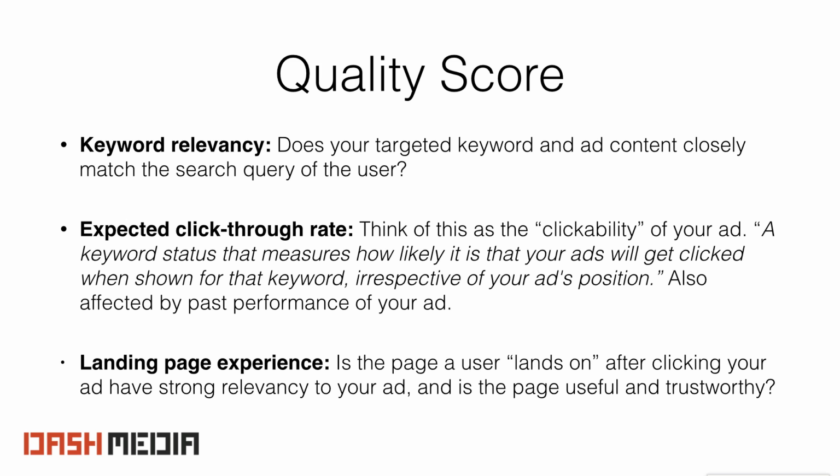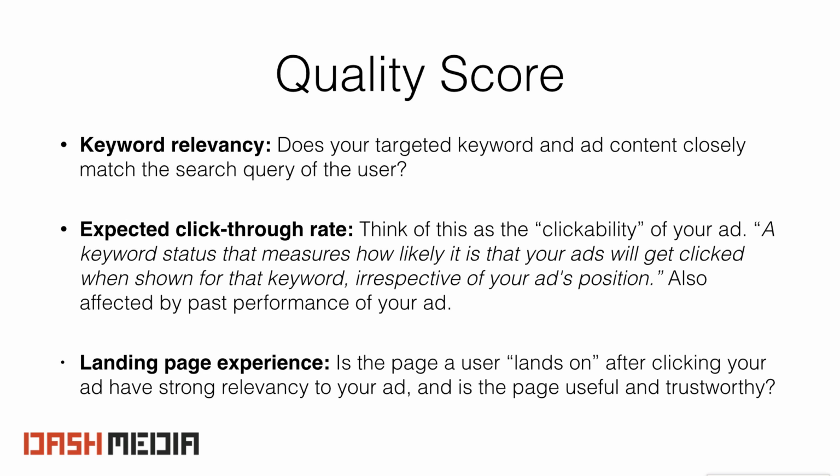And then the third really big point here that makes up your quality score is your landing page experience. We talked a little bit about how Google wants to serve useful, trustworthy, and relevant content to users making searches on its search engine. And so it wants to make sure that the landing page that the user ends up on after clicking your ad is relevant to that user.